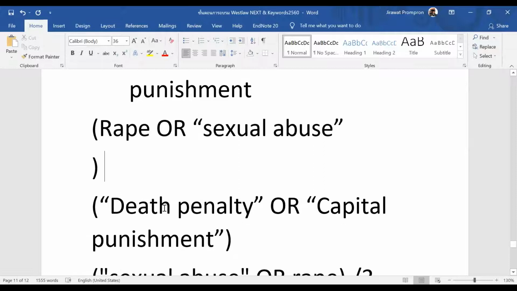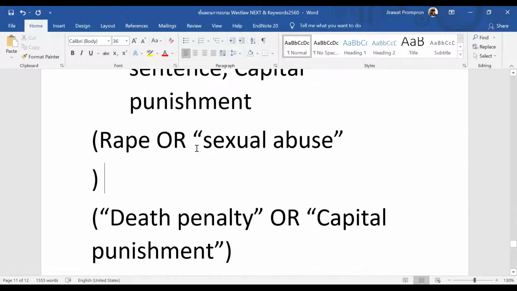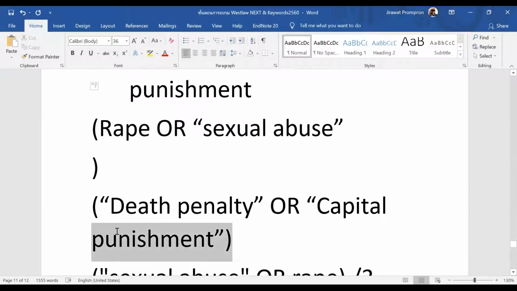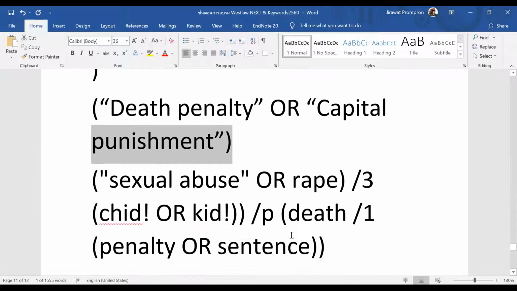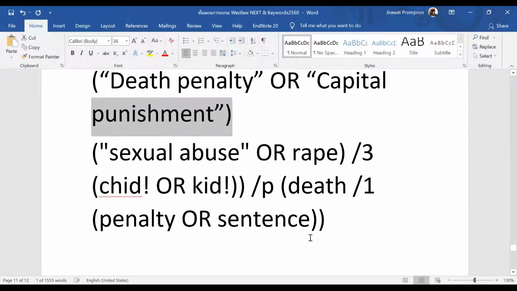And then you look at death penalty. Death penalty shares with death sentence. I will show you another option. Sexual abuse or rape, child or kid, and death penalty or sentence.